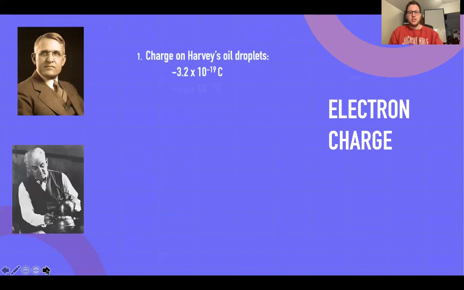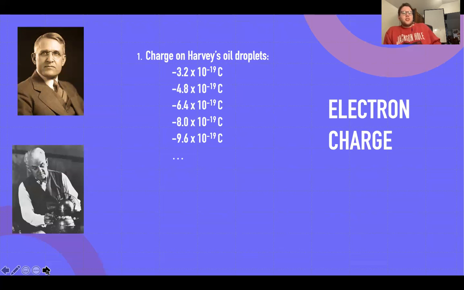Density and volume. Now, electron charge. They noticed that the charge on the oil droplets was about these values, which, if you look at it, you're like, wow, those are tiny.